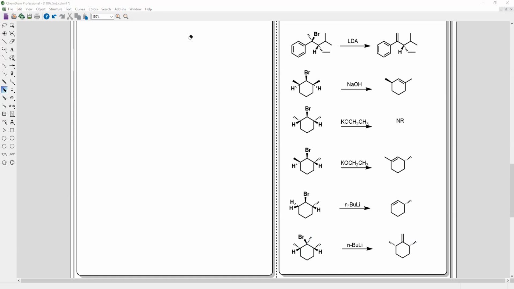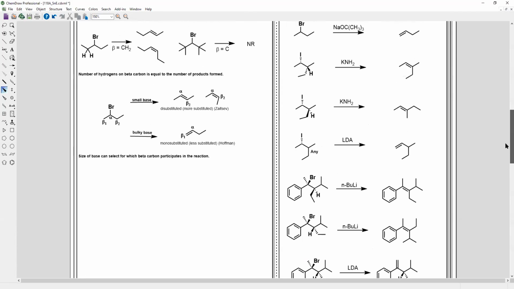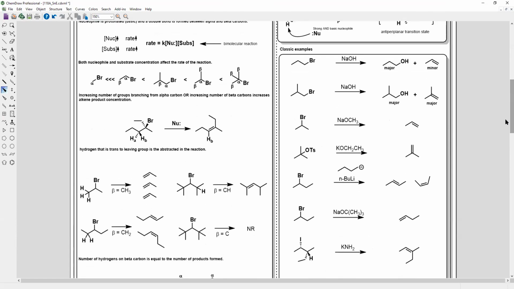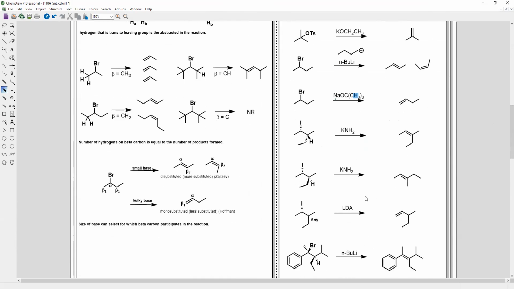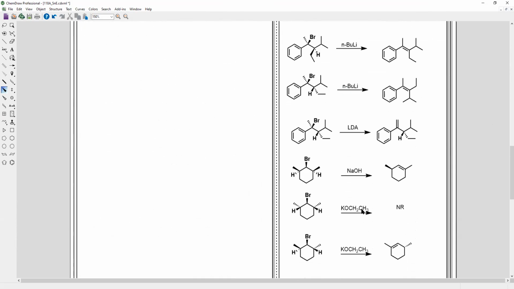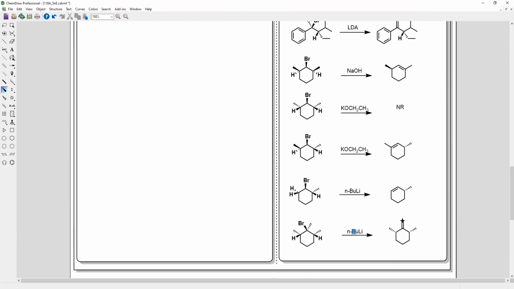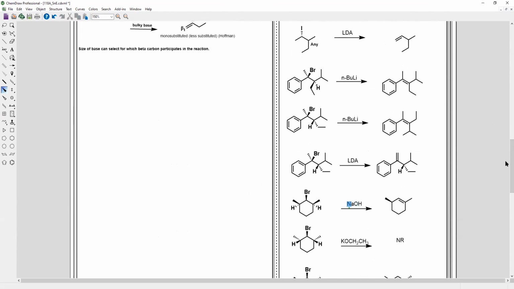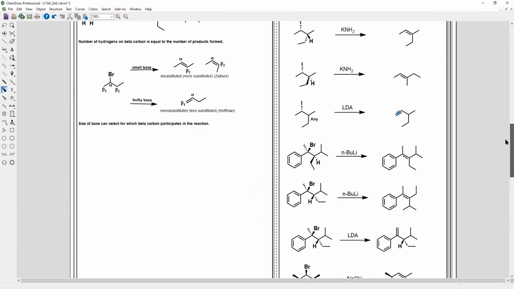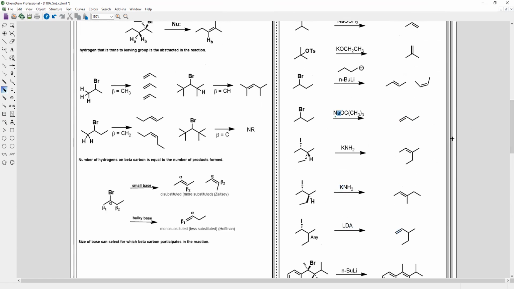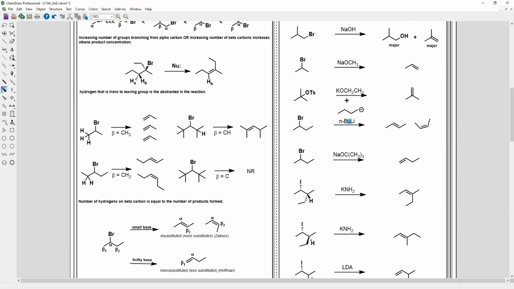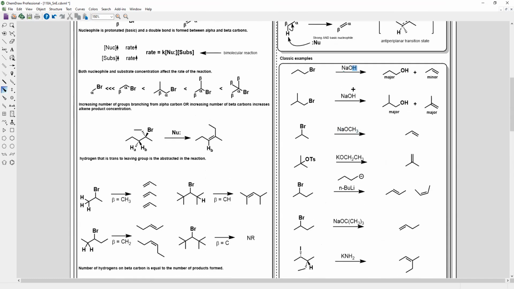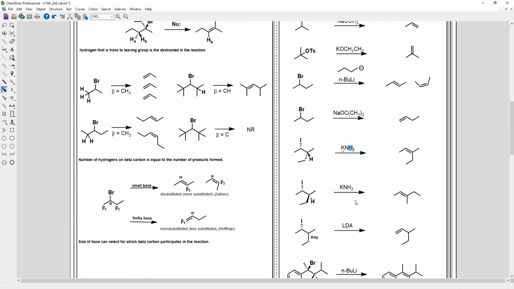You definitely want to sit down and do a couple of these, and definitely write some of these down. The easy ones, again, are basically looking for a basic nucleophile, and all these nucleophiles that I use here are what you would expect for basic nucleophiles: n-butyllithium, ethoxide, hydroxide, LDA, amide ion, and methoxide.